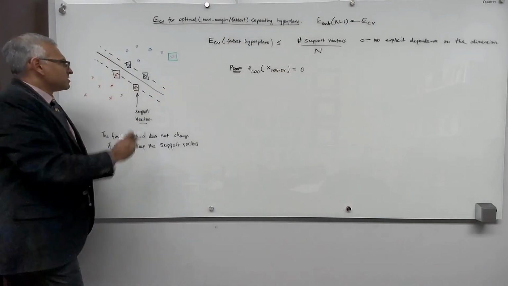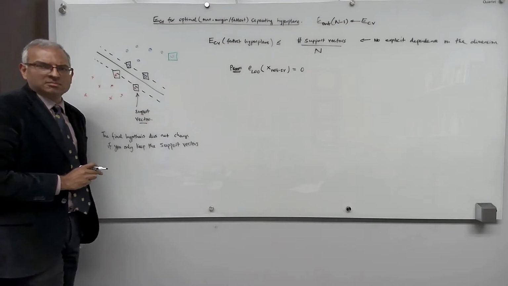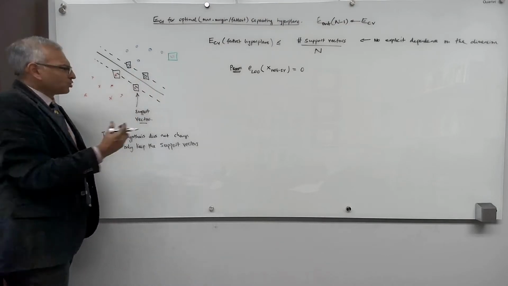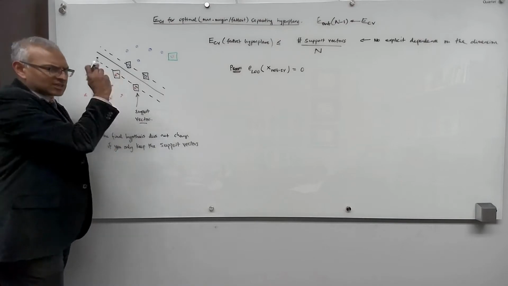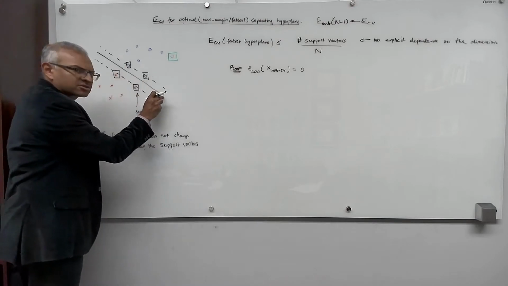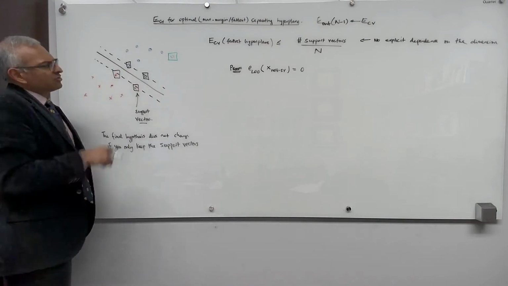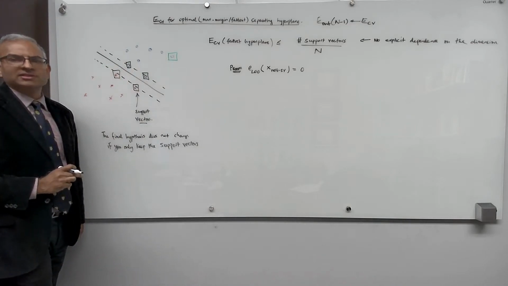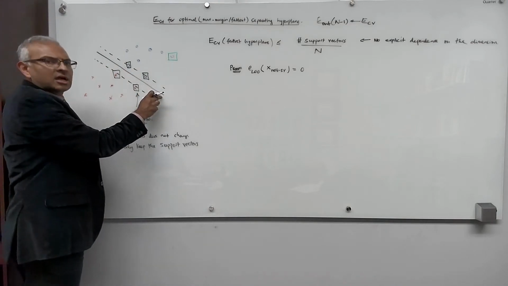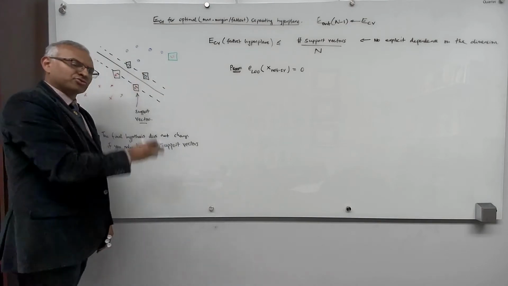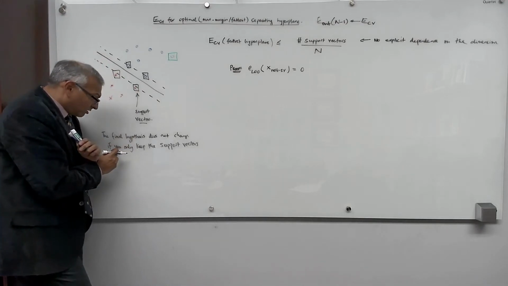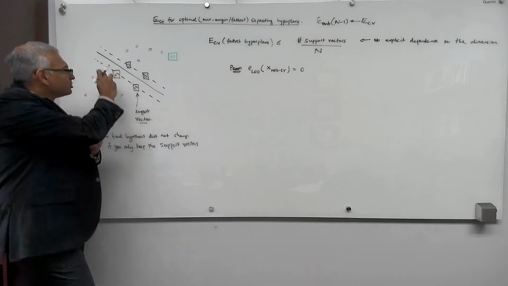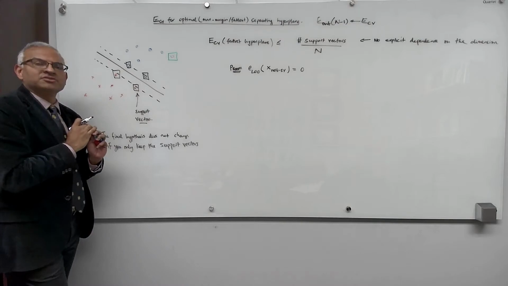For the simple reason that the final hypothesis has not changed, because it's not a support vector. And it's only the support vectors that are needed to define the final hypothesis. So the final hypothesis has not changed, and that hypothesis classifies all the data correctly. So in particular, it classifies that left out point correctly. So the error that hypothesis makes on the left out point is 0. So I've gone through that argument now twice slowly because it's an important argument. The support vectors are all you need to reproduce this final hypothesis.